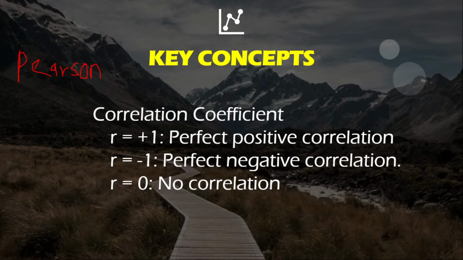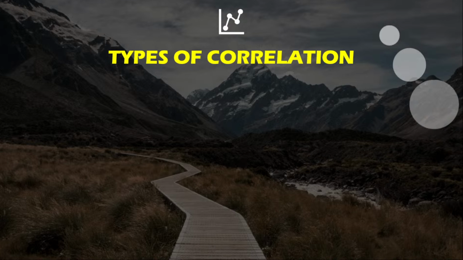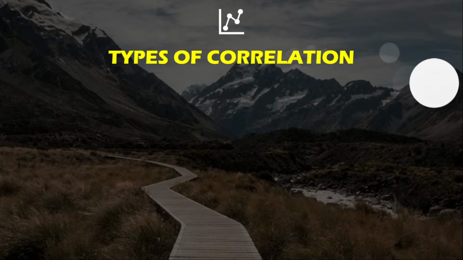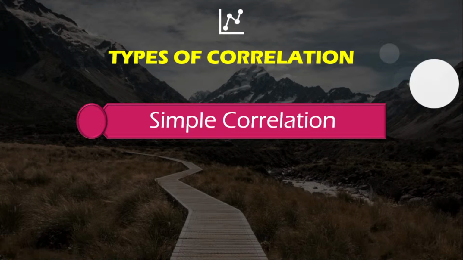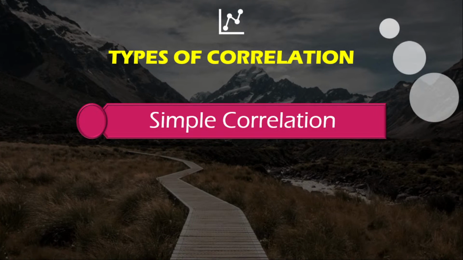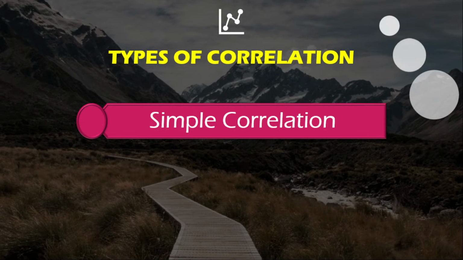We move to the next one. Types of correlation. Simple correlation is a correlation that deals with two variables, one dependent and one independent variable.